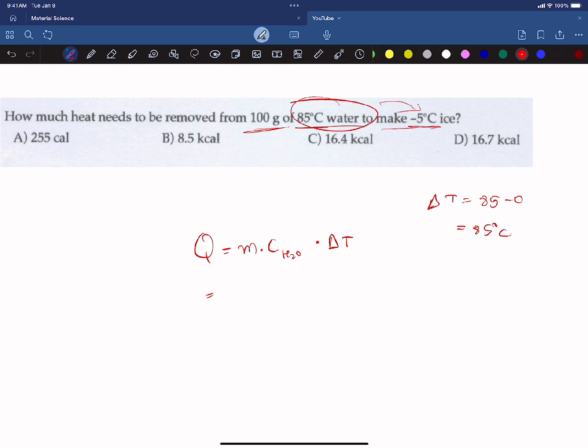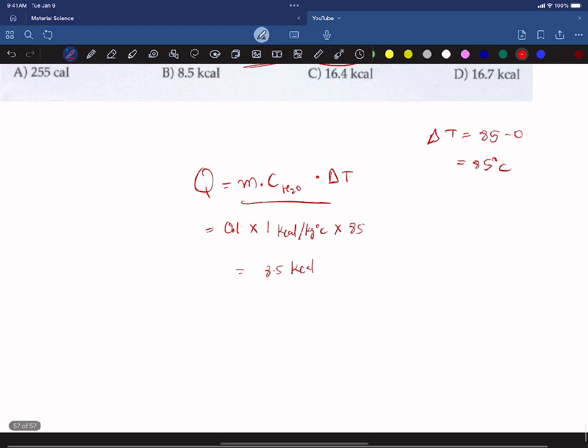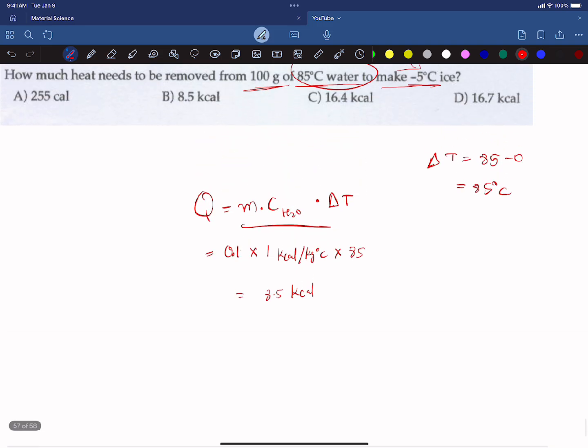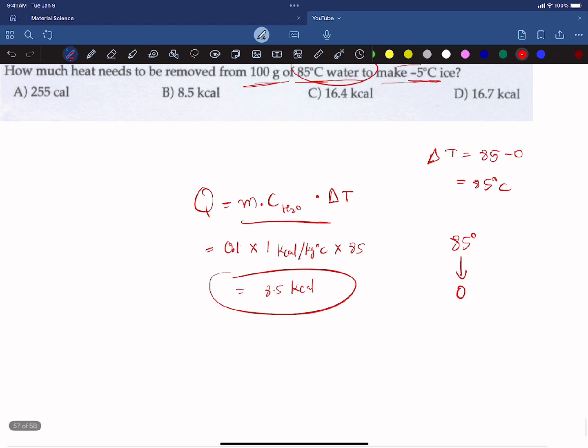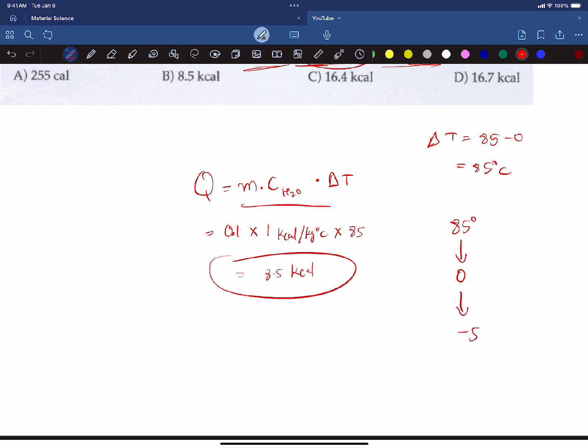So let's substitute all the values. Now this much energy should be taken out of the water when you want to bring the temperature from 85 to 0, and then we have to do work for 0 to -5 degrees Celsius.